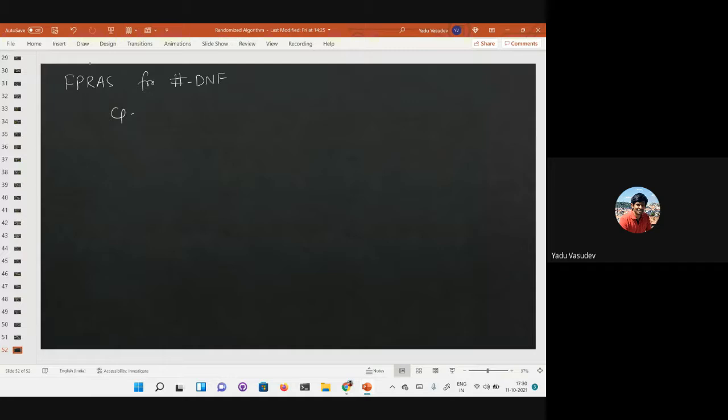So you have a formula phi, which is T1 or T2 or Tm, where you can say Ti is a conjunction of literals. Correct? And we are interested in the set S, where S is the set of satisfying assignments.